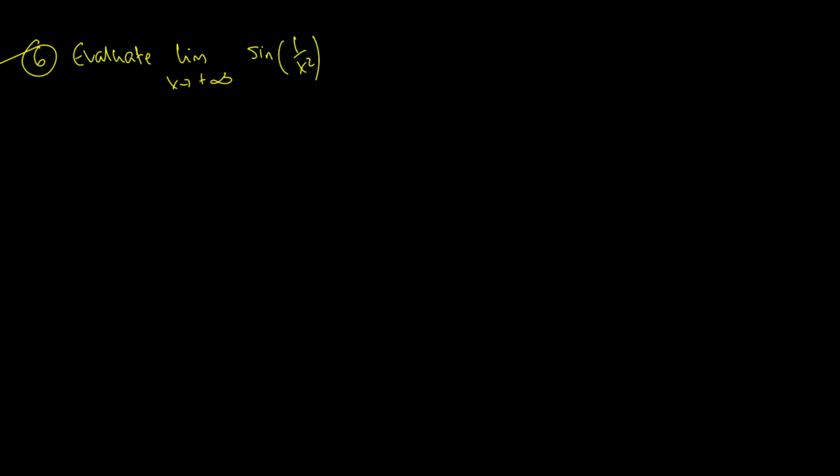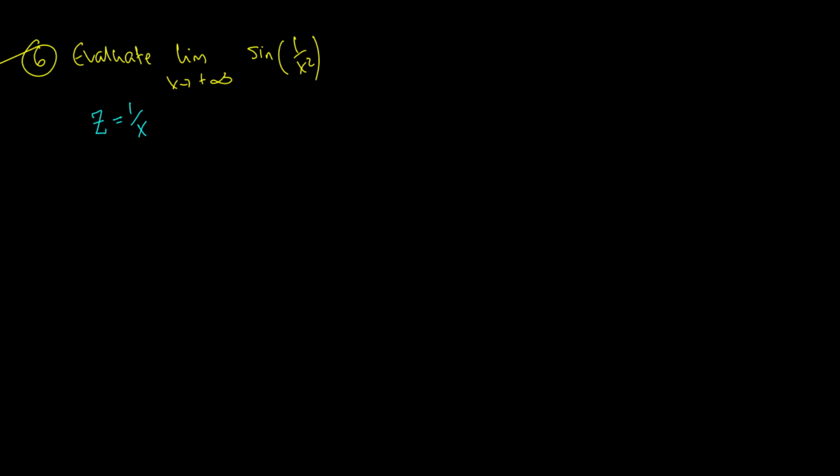What we're going to do is we're going to do a substitution. And this might seem scary to some people. That's okay. We're going to say let z be equal to 1 over x. And we're going to say, well, what does z do as x goes to infinity?